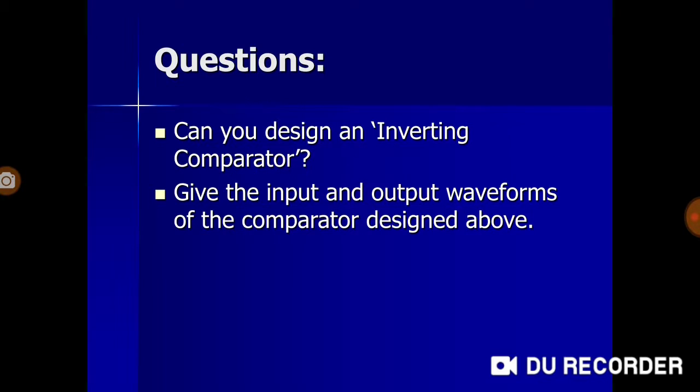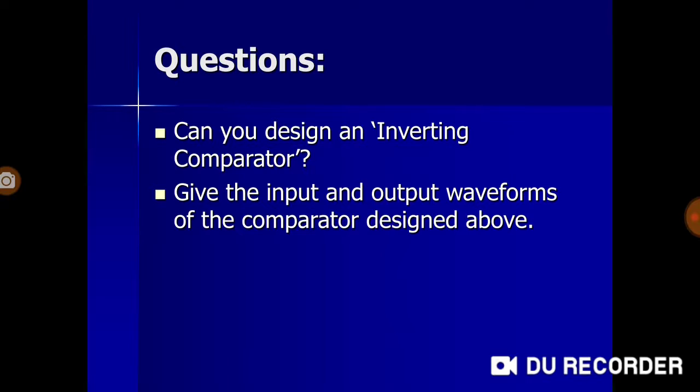Now the question that I'll give is of a higher cognitive level, and it is not the usual review question as compared to my earlier videos. The comparator, the basic circuit that we studied just now, is a non-inverting comparator.